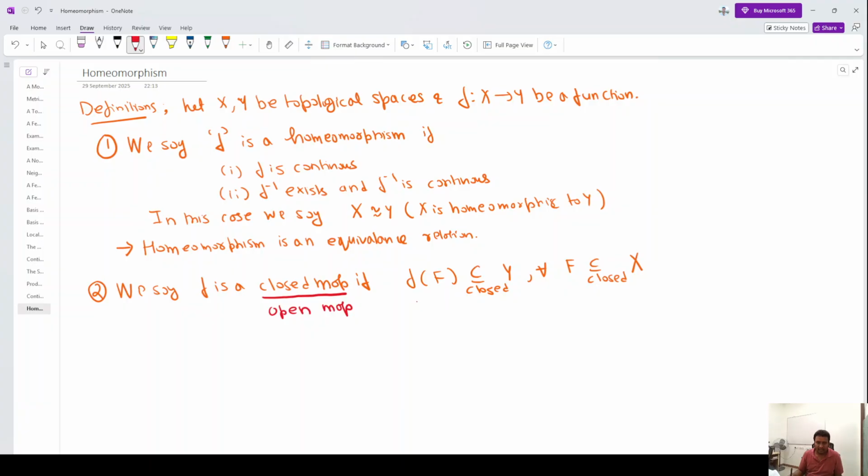If f of U is open in Y for every U open in X. You may be thinking why these two definitions now, right?